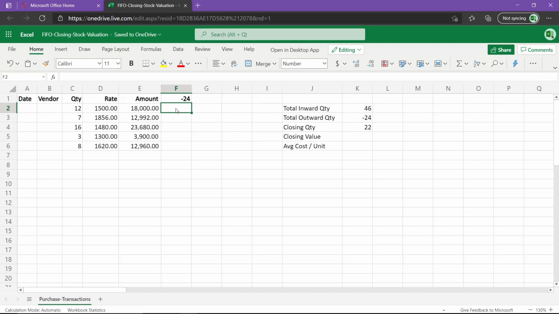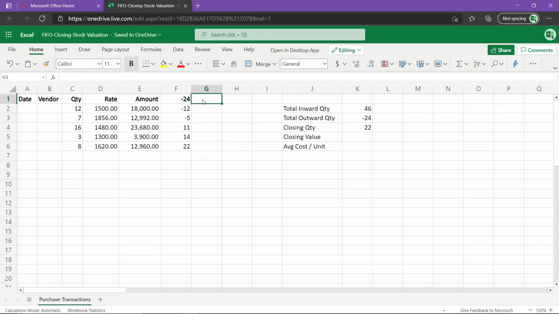Now from this row we will apply a formula: this quantity plus whatever quantity is purchased. So we will go on reducing the outward quantity. Let me extend this. So we got cumulative quantity.